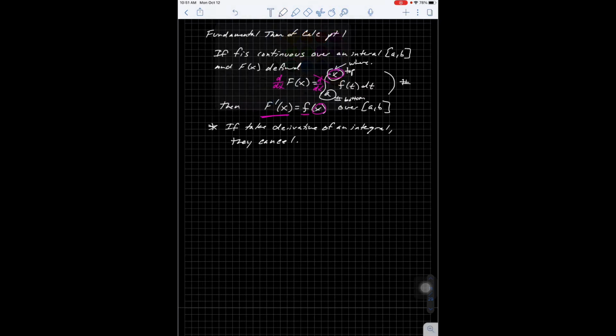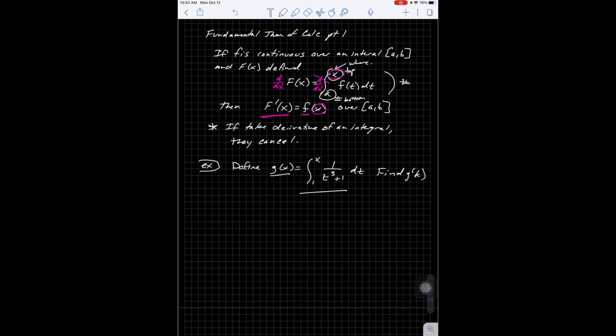Let's look at an example. This is a really straightforward example. We'll get a little complicated in a second. Okay, so we're going to define G as this area under the curve, and I want you to find G prime of x.